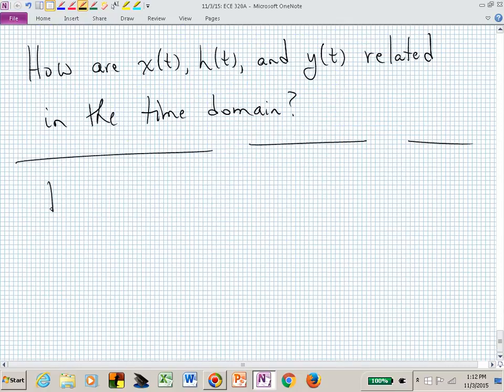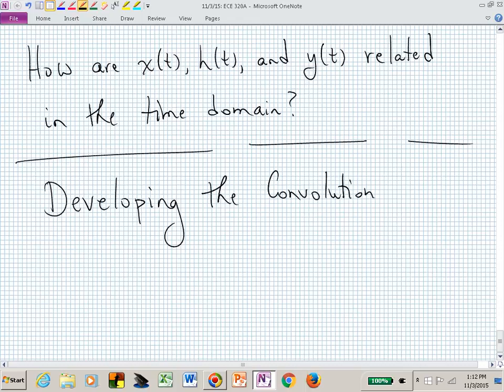And that's where I am headed when I say this is now our chance to develop the convolution integral.